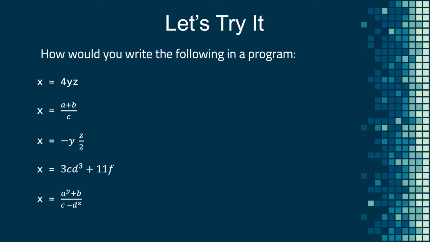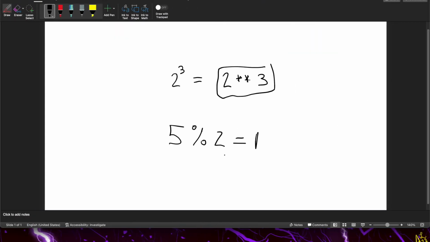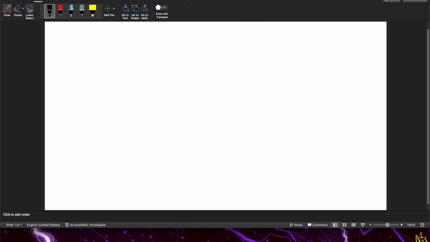If we have this first one here, how do we write this in a program? We have 4yz. Again, we can't do that, because Python doesn't know that you're multiplying them across. So instead, 4yz is going to go to 4 star y star z.